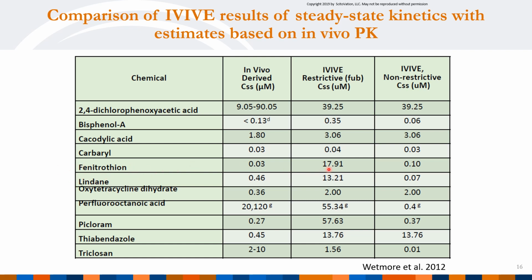But when we switch from restrictive to non-restrictive clearance, you can see that the predictions are now in accordance with what is seen in vivo. We have the same thing for picloram. With restrictive clearance the value is over-predicted, but when we switch to non-restrictive clearance, then the predictions are pretty good.